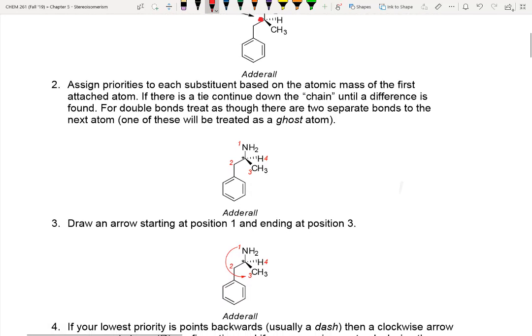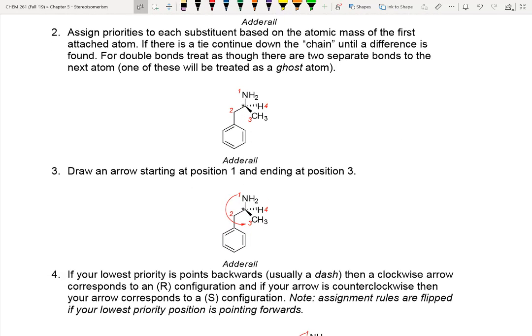And then underneath on number 2, it says we want to assign priorities to each substituent based on the atomic mass of the first attached atom. All right, so if we look at that stereocenter and we go one atom away from it, we've got that NH2 group on top. We've got a hydrogen, we've got a methyl group, and then we've got a CH2 group with an aromatic ring attached, right?